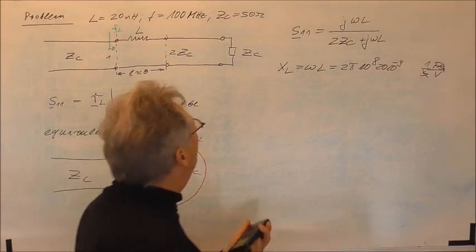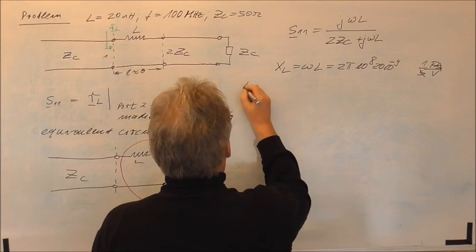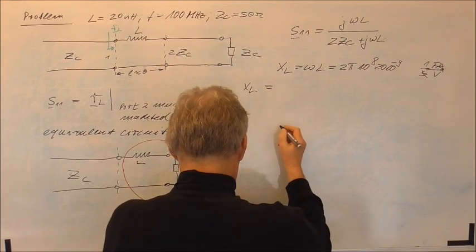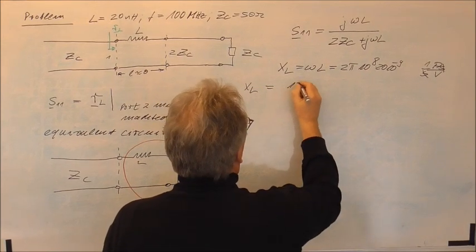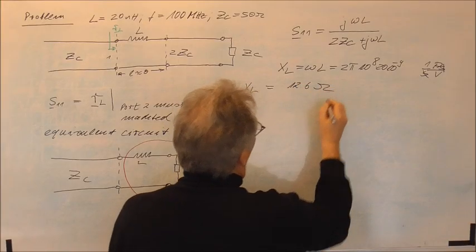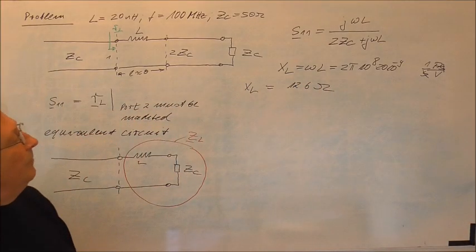If you calculate the value, you will get as a result that XL is roughly 12.6 ohm. This would be the value of XL.